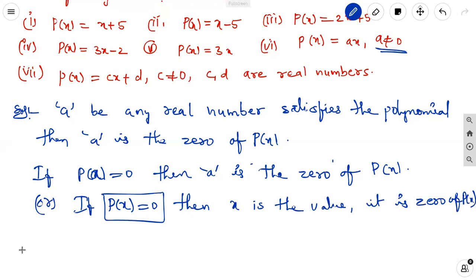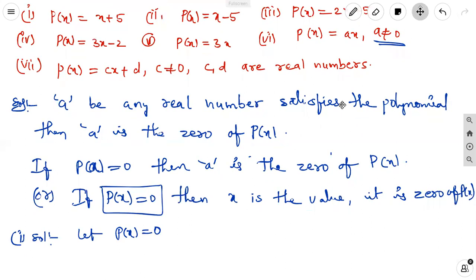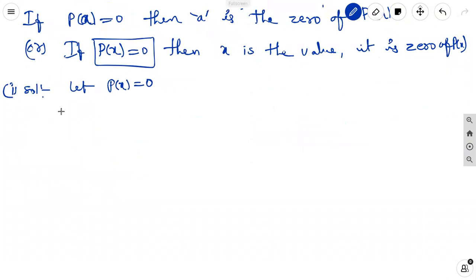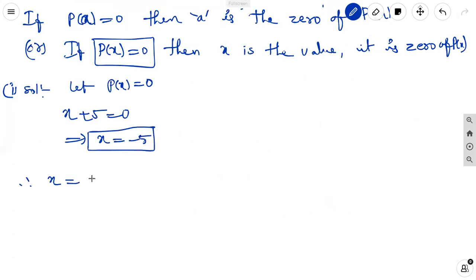Okay. Here, in the first solution, let p of x equal to 0. Then we get some x value, that is x plus 5 equal to 0. Transpose: x equal to minus 5. Therefore, x equal to minus 5 is the 0 of p of x equal to x plus 5.